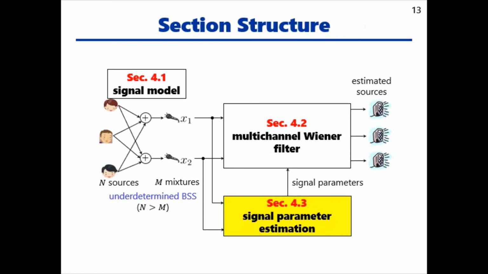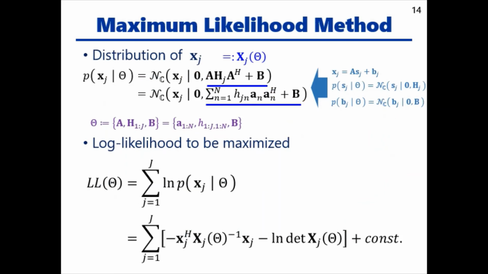Now we move on to section 4.3, Signal Parameter Estimation. Here we estimate the parameters by the maximum likelihood method. Based on the signal model shown here, the mixtures X have this complex Gaussian distribution.